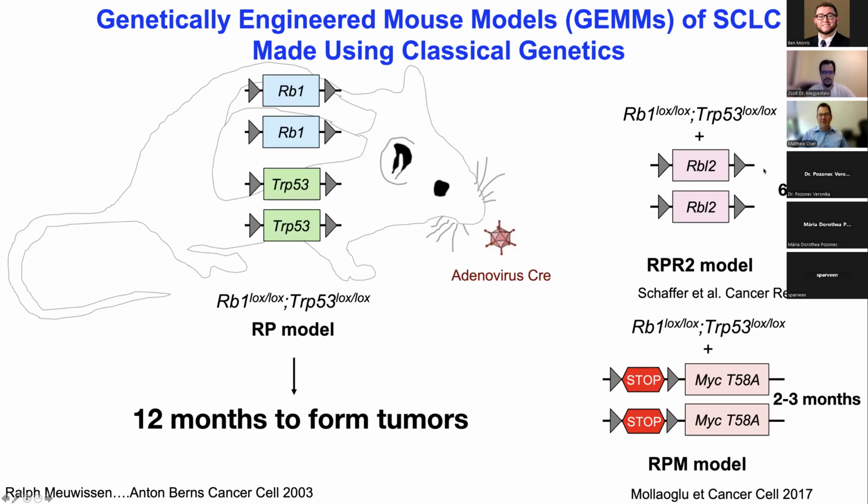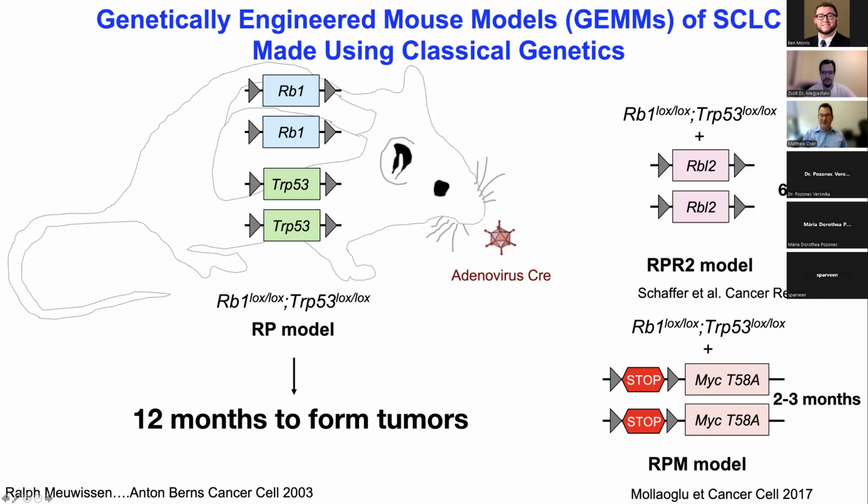And then other investigators over the years have introduced additional flox alleles or transgenes to modify this model. I'd say two of the standard models in the field now start with the RPR2 model, which was initially developed by Julien Sage, where RBL2, which is mutated in small cell lung cancer less than 10%, but is another pocket protein in the RB family, was introduced along with RB and P53.